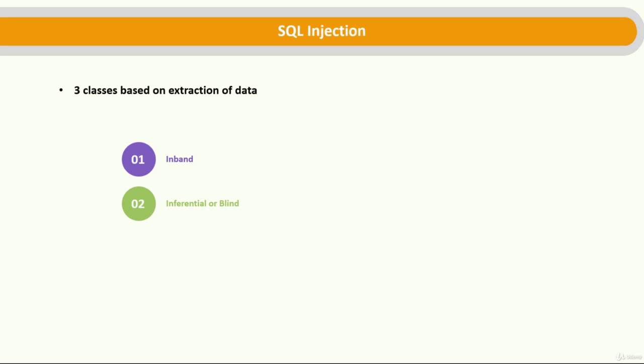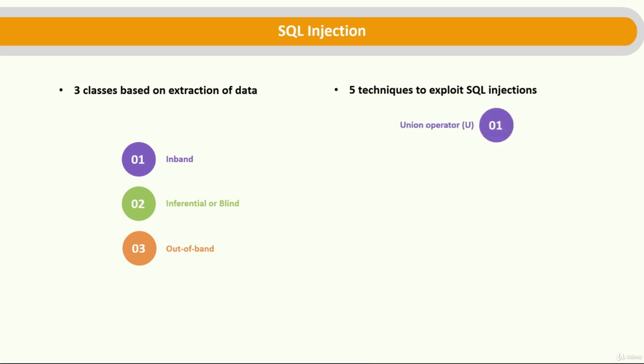So in this type, there's no actual data transfer, but the tester is able to reconstruct the information by sending particular requests and then observing the resulting behavior of the database server. Out of band is data that's retrieved using a different channel, such as an email with the result of the injected code.